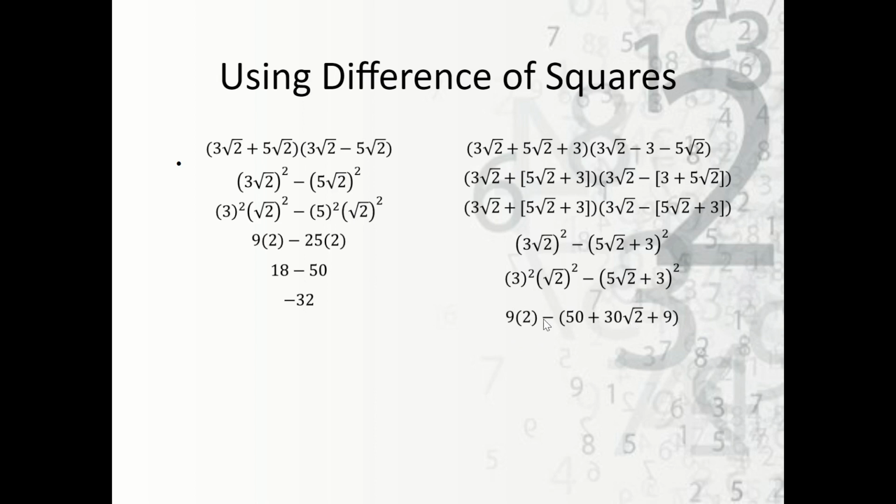Now we're going to go ahead and combine these. So this negative sign goes to everything. So that's 18 minus 59 minus 30 square root of 2, because the negative sign has to carry into everything. We'll combine these. 18 minus 59 is negative 41, and we'll keep this as minus 30 square root of 2.